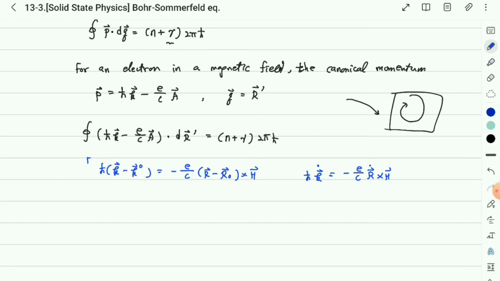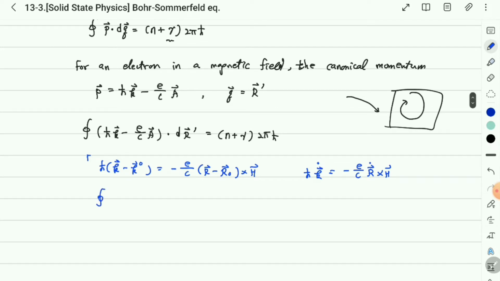Also in the second term, consider the line integration of the vector potential dot dr prime. Then from the curl, by Stokes' theorem, it becomes a surface integration of curl A dot dS, where dS is the surface element of the enclosed surface. Then you can say that it is a surface integration of H dot dS.